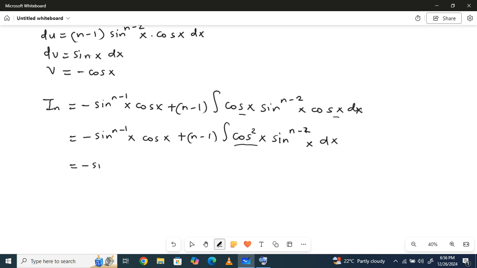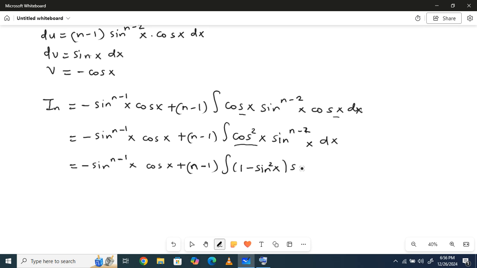Doing that, we will get minus sine n minus 1 x cos x plus n minus 1 into brackets. Let's write this properly: the integral of 1 minus sine squared x.